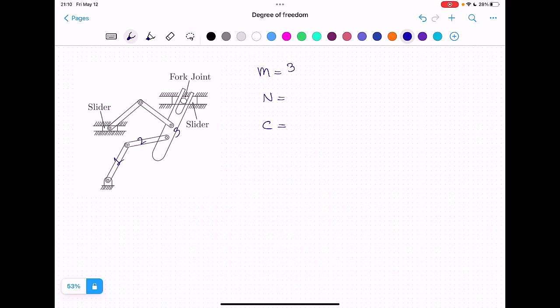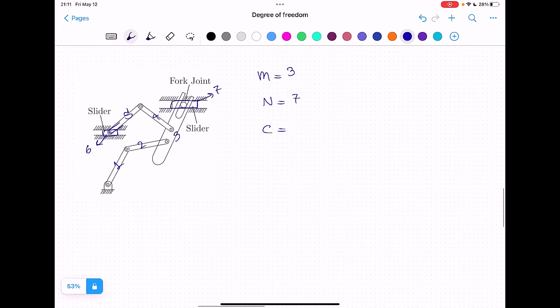All of this is one link. 4, 5, and actually here we have a revolute joint that connected this link to a slider. So here a slider is a link. And in here we have another slider. So we have a total of 7 links. However, as I told you before, we should consider a ground as one link.